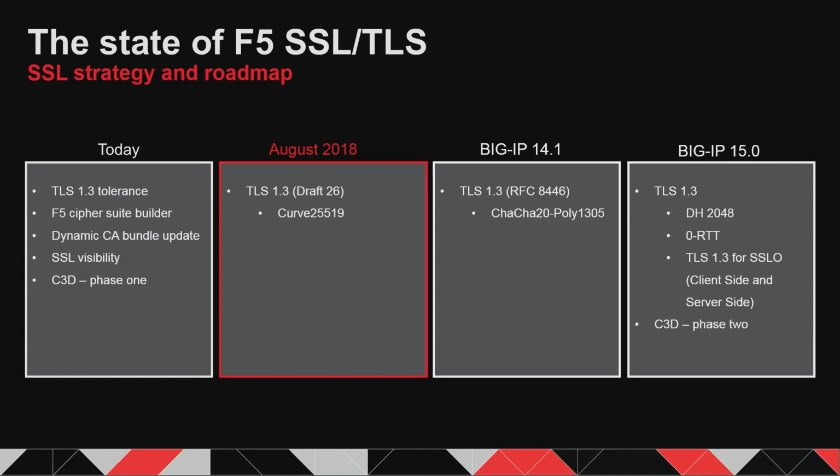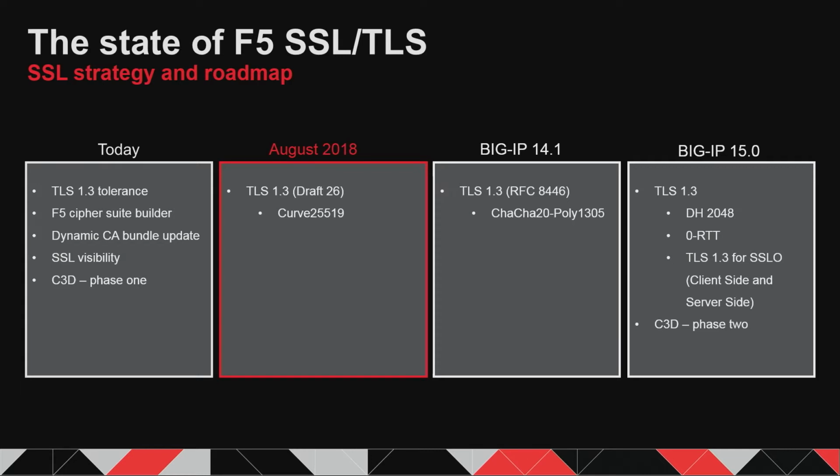That really came up as part of the whole Snowden, when people wanted to go to forward secrecy. So that should be making everyone's life a lot easier to make sure you don't have a null string or a bad string. And then the dynamic CA bundle update, more so on the SSL Orchestrator side, where it's really important because you have to have the latest update so that you don't break on those connections. But it is also relevant for just the reverse proxy.